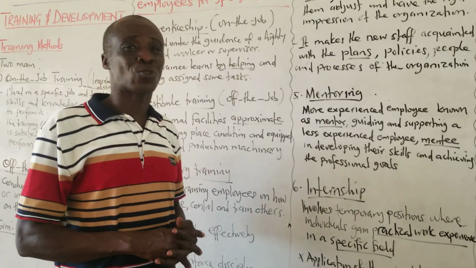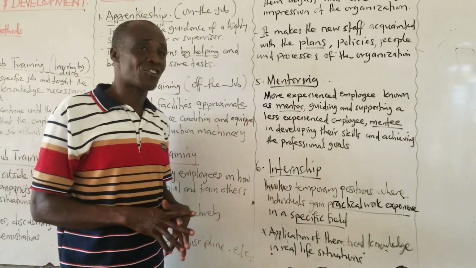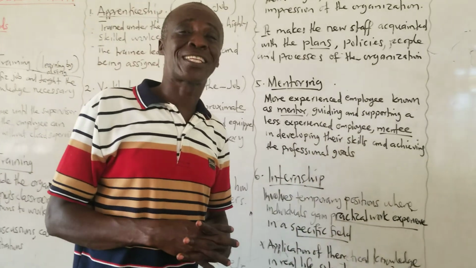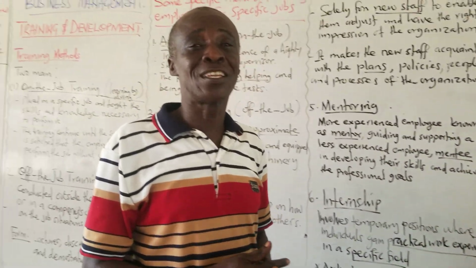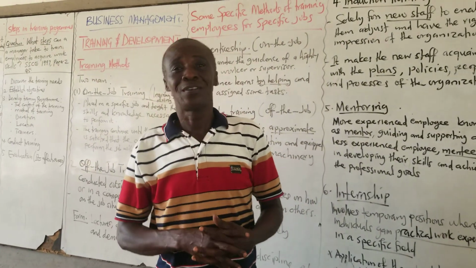Then the next one, which is similar to mentoring, is internship. When they come, some of them tell you that instead of saying I'm on teaching practice, they say I'm doing internship.